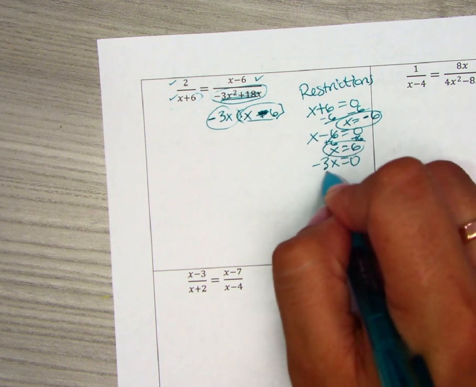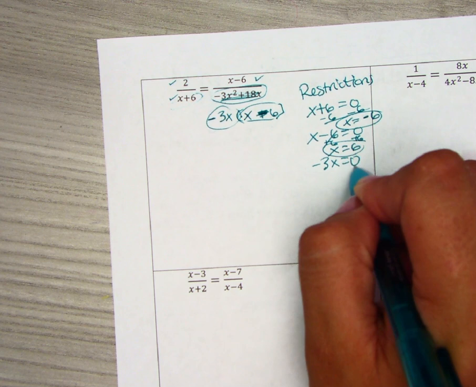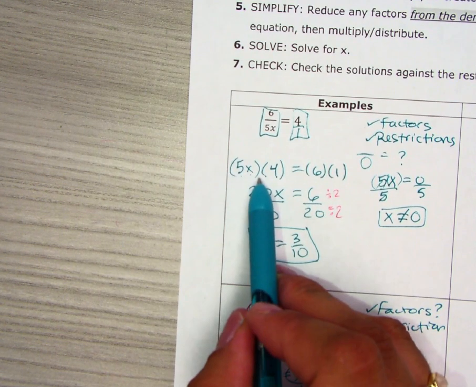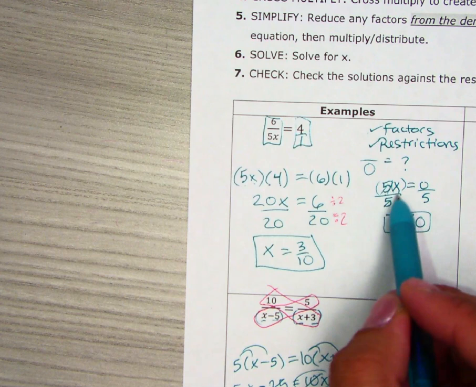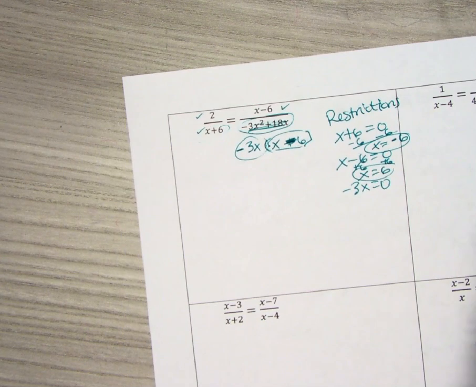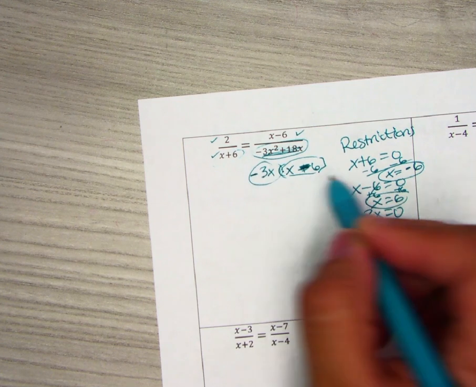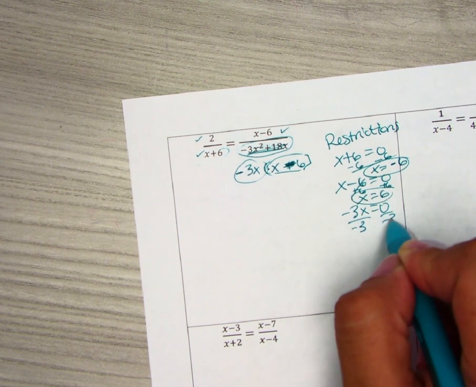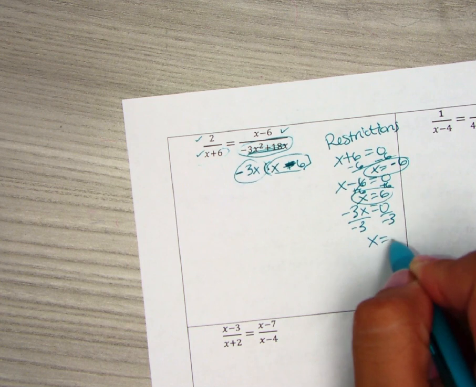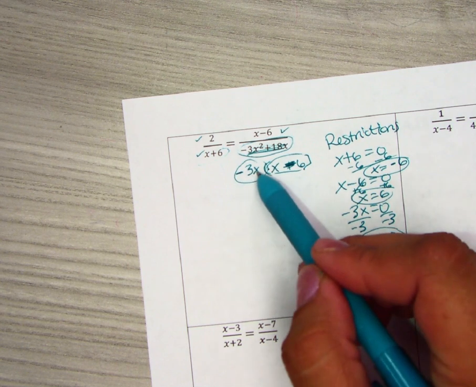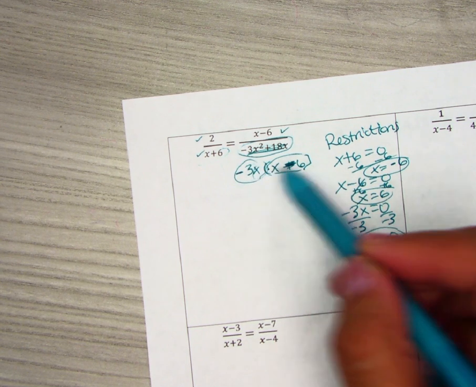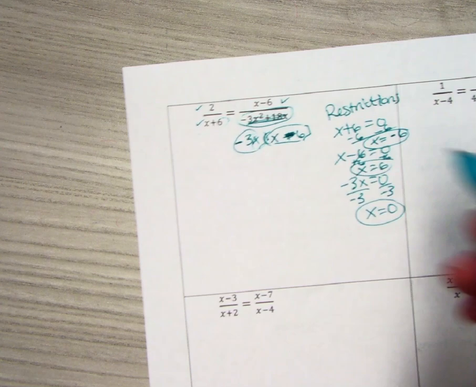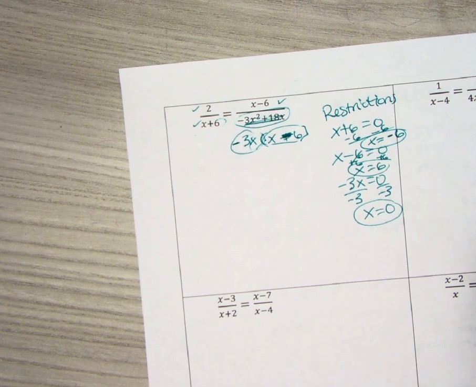And then the last one, we have negative 3x equals 0. And if you may recall from the beginning, when we had 5x here, we're going to also apply it here, where we divide by negative 3, which ends up with x equals 0. Or you could just see it as negative 3 times 0 is 0. All right, 3 restrictions found.